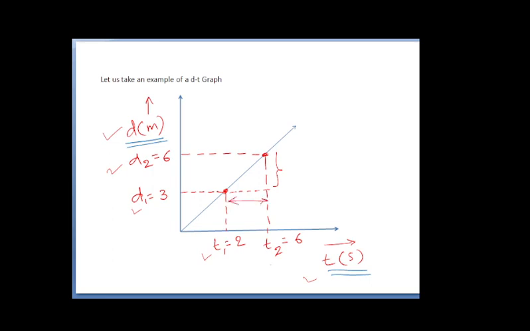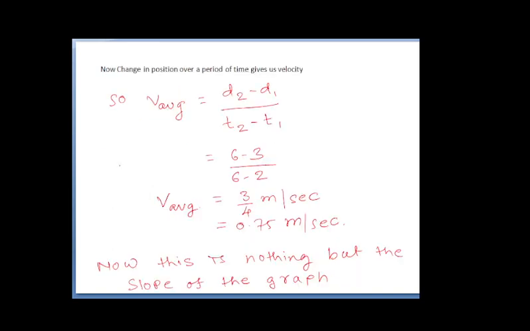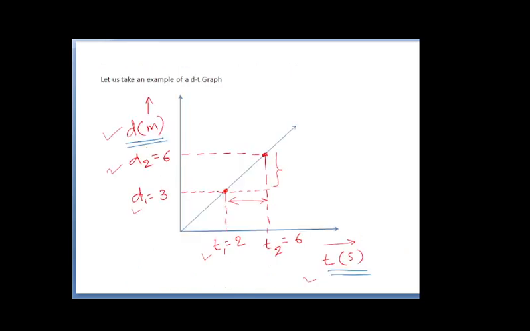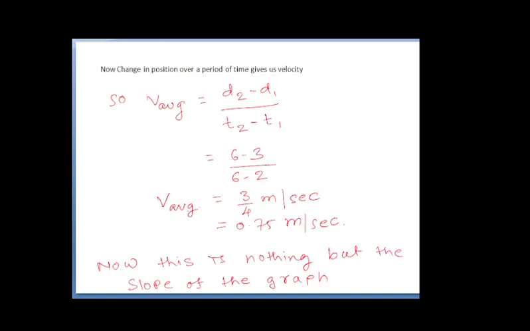So if I do d2 minus d1 over t2 minus t1, it is 6 minus 3 over 6 minus 2. So 6 minus 3 on the y-axis, this difference, and 6 minus 2 on the x-axis. And hence my average velocity is 3 over 4 meter per second, which is 0.75 meter per second.